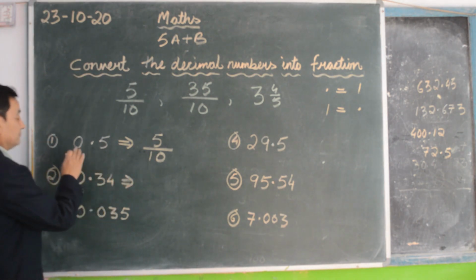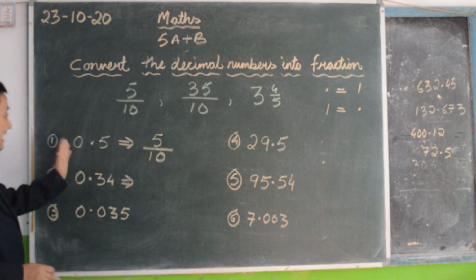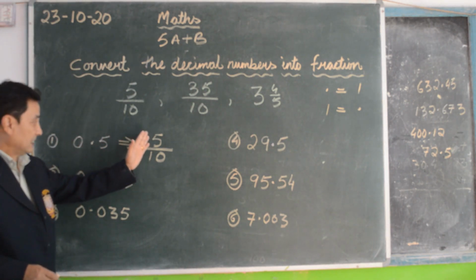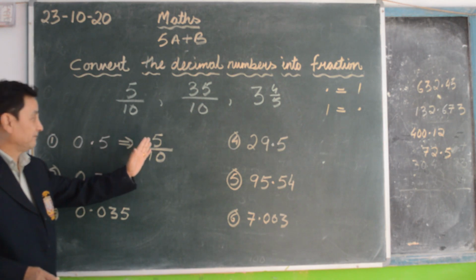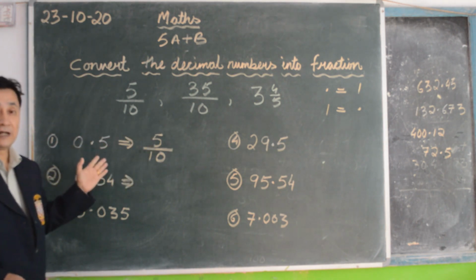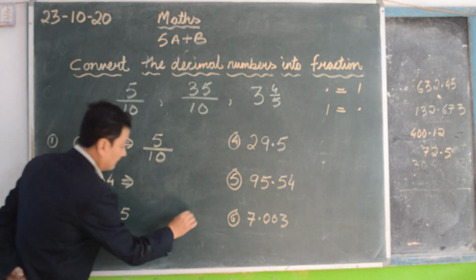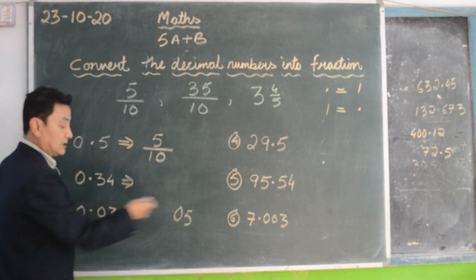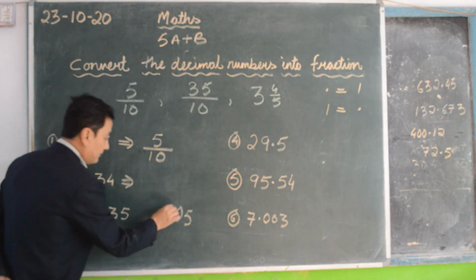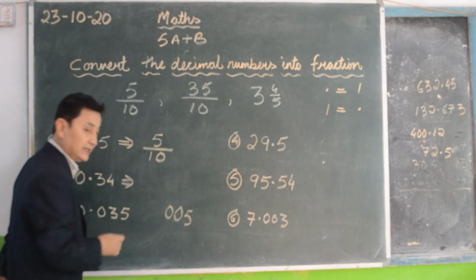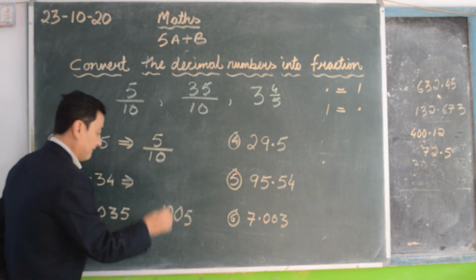Now, why do we think that I did not put a 0 here? I have not put a 0 here because when 0 is in front of a number, that 0 doesn't have any value. For example, 5. If I put 0 here, what number is this? 5. If I put another 0 here, what number is that? 5. Does the value of 5 change? No, it is 5.